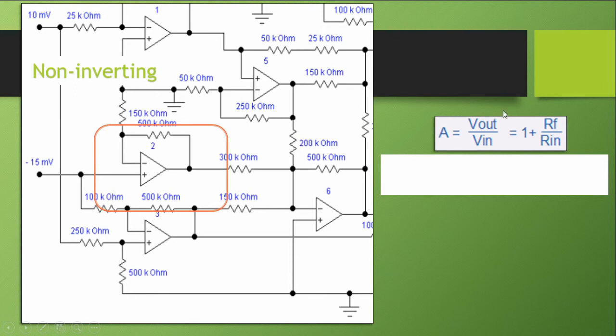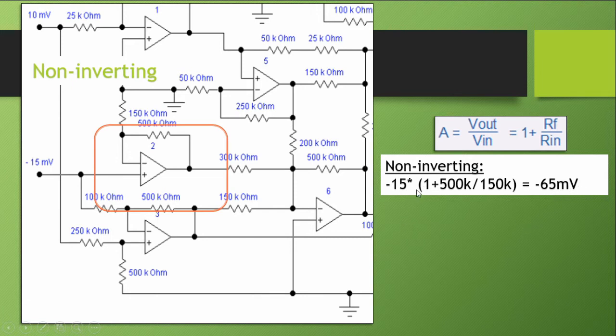For a non-inverting amplifier, the gain is 1 plus RF over Rin. So the gain is 1 plus 500K over 150K, times the input, negative 15, and that is equal to negative 65 millivolts.